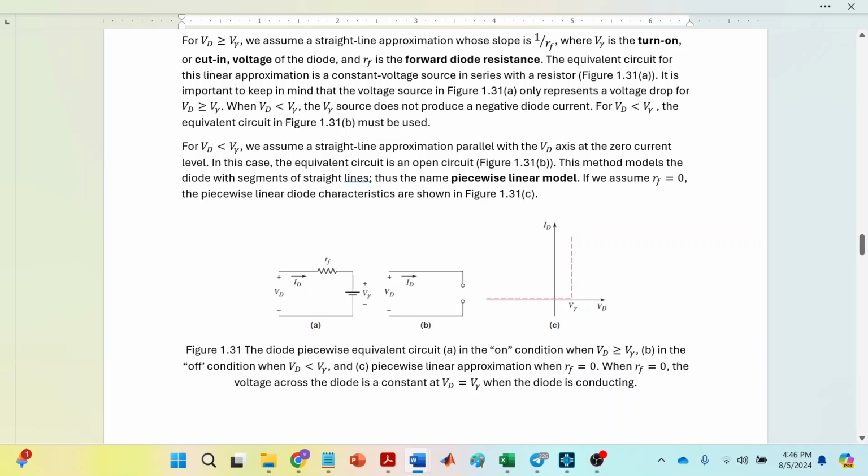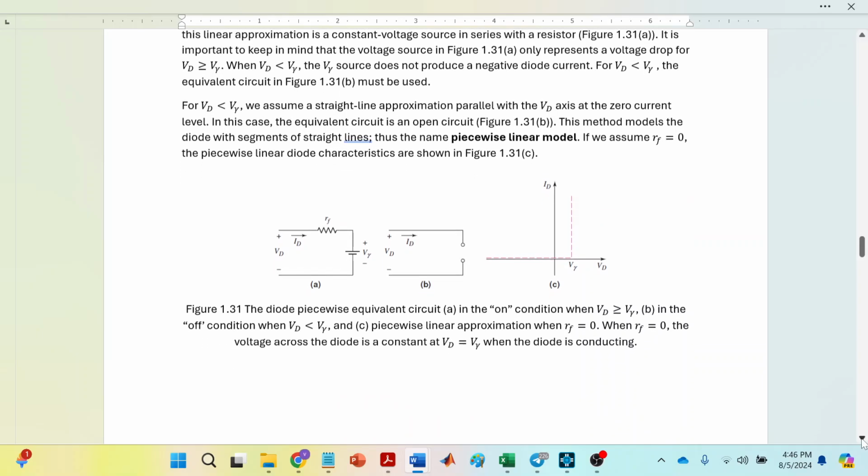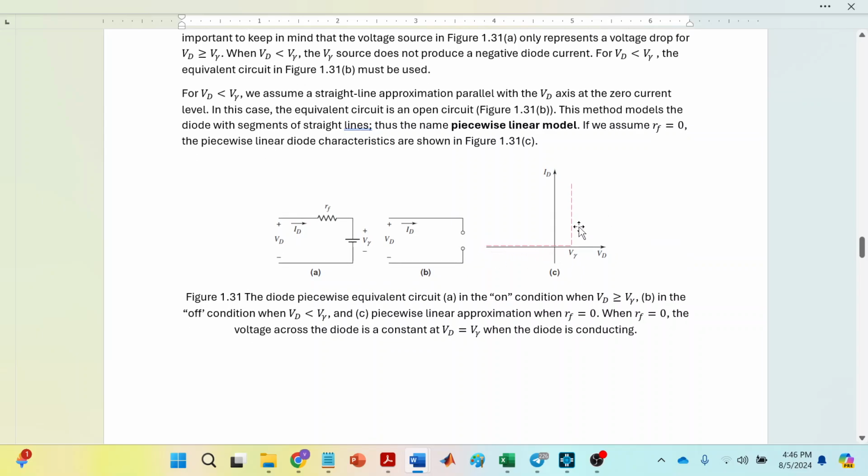So if RF is equal to 0, this is the IV characteristic you can see. So this is the piecewise linear model of the diode. It's a constant voltage source in series with a forward diode resistance.